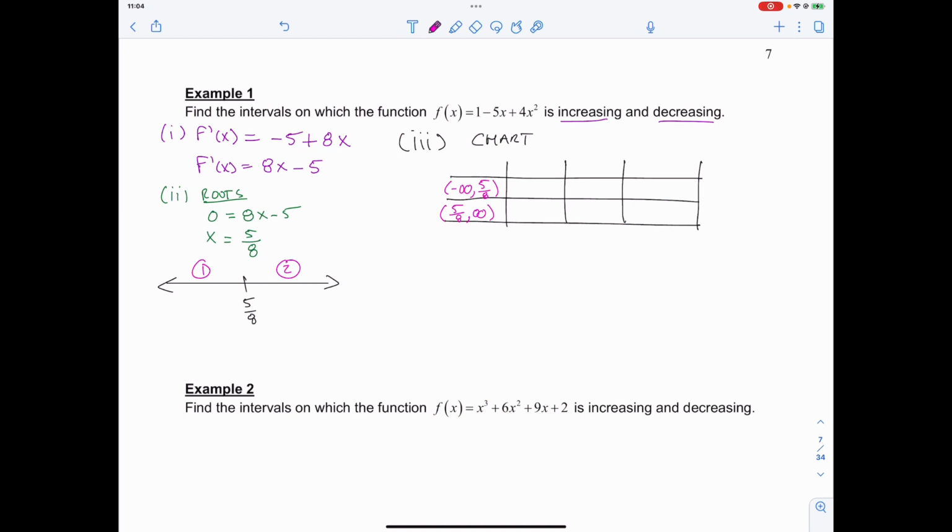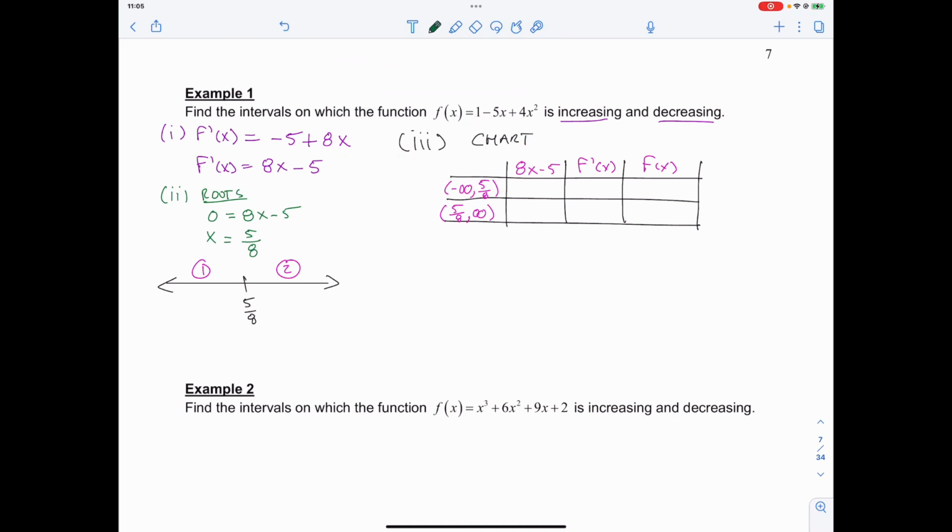I really only had the one factor, just that 8x minus 5, so I'm going to put that up here, and then I'm looking for f prime of x and how that applies to f of x.